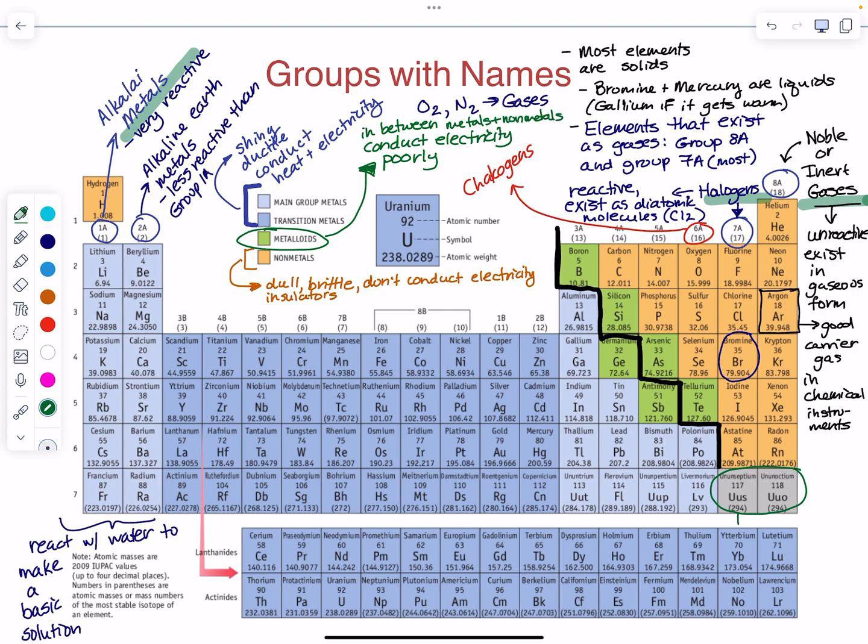So for example, silicon, it conducts electricity like a metal. But silicon itself is a hard, brittle material, like a nonmetal. So it's one of these somewhere in between. So things to the right of the metalloids are firmly nonmetals. Things to the left are firmly metals. And then these guys in between have some properties of each, okay?